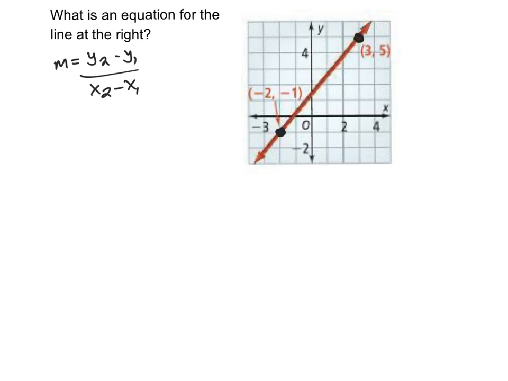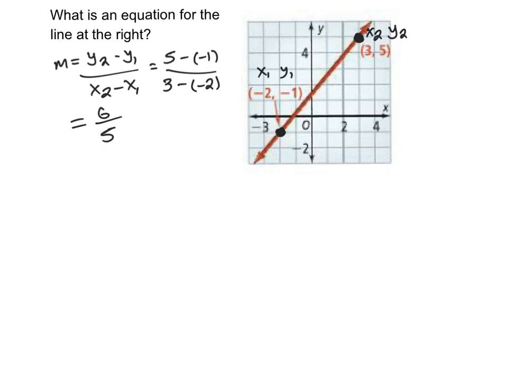So we'll call -2, -1, x1, y1, and we'll call 3, 5, x2, y2. So y2 is 5, y1 is -1, so 5 minus -1. x2 is 3, and x1 is -2. So 5 minus -1 is 6. 3 minus -2 is 5.